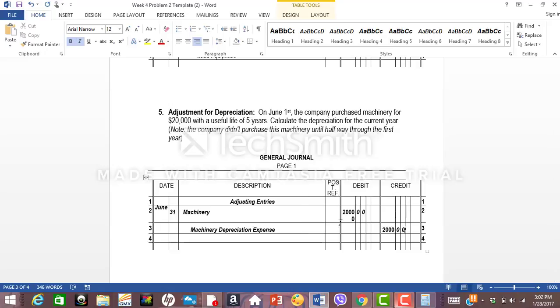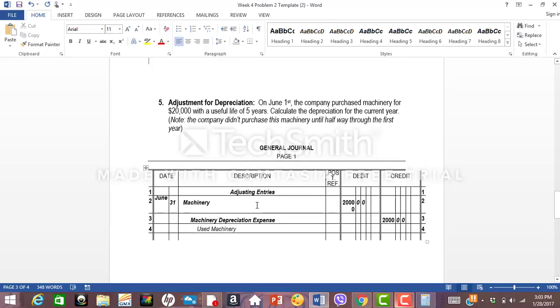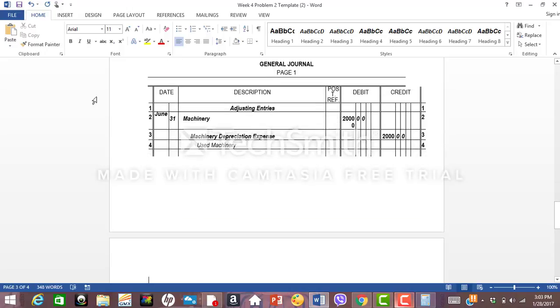So what you have left is basically $18,000 left because you bought it on June 1st, and it's good until June 1st, 5 years from that time. All right, that pretty much, and obviously used machinery. All right, good. And then we are done with this assignment as well. Let me know if you have any questions.